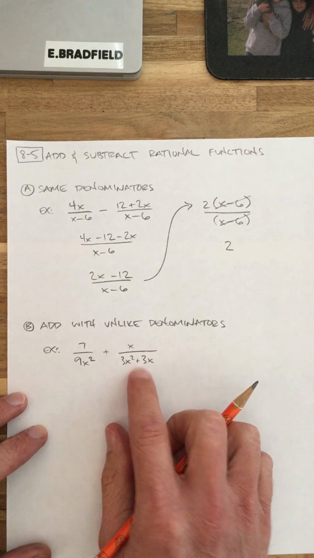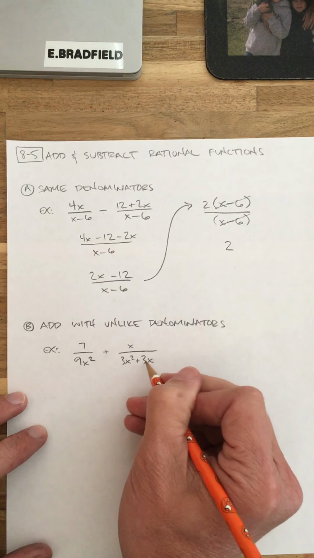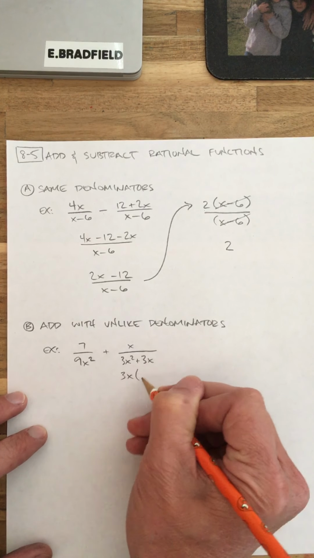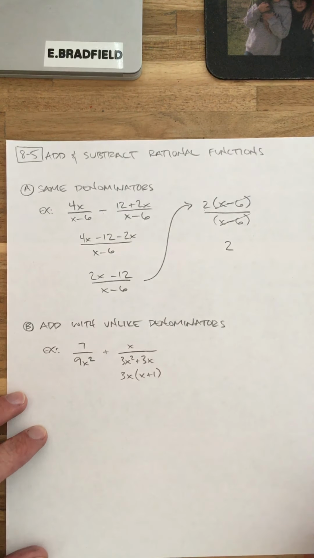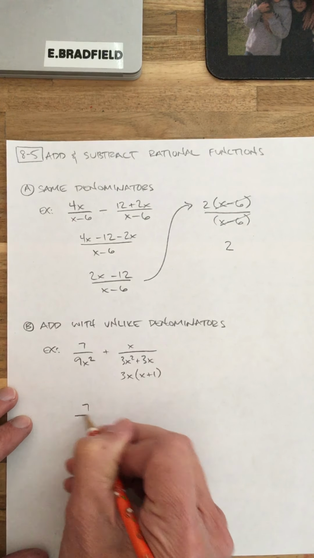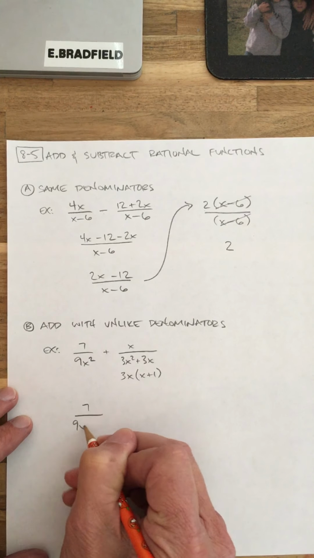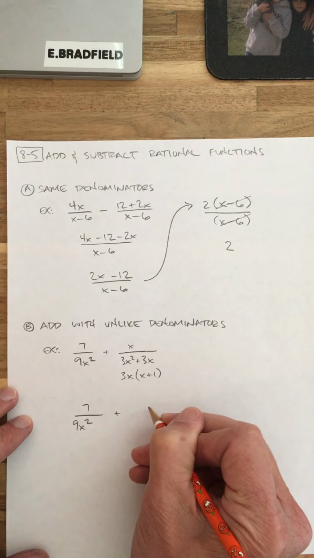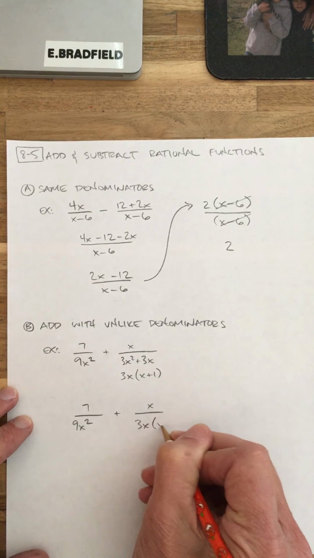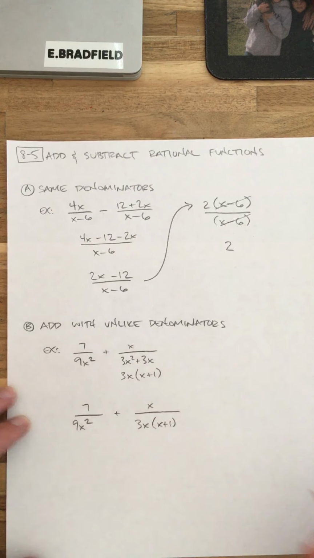Well, this guy we can factor out a 3 and an x. So this turns into 3x times x plus 1. So now it's factored, okay? So watch what we have. We have a 7 over a 9x squared plus an x over a 3x times an x plus 1, okay?